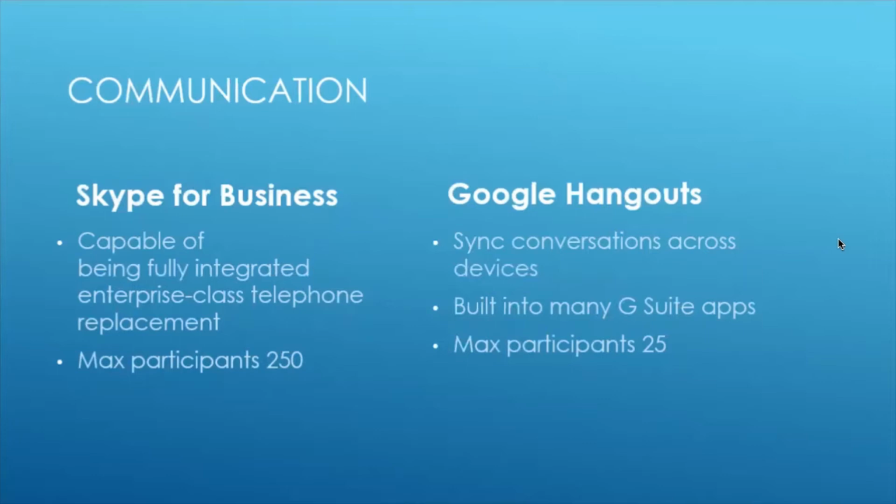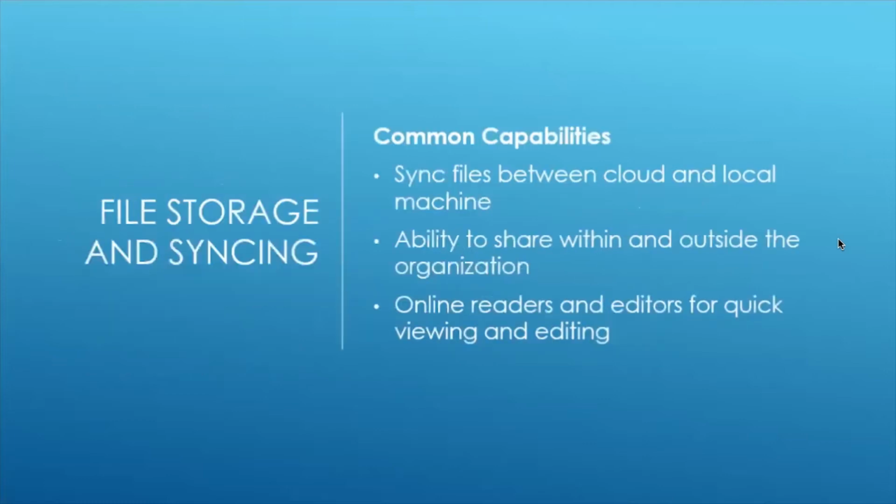It's very much a standalone product in that it does not intuitively guess what other files you may want to reference in your individual meeting. Whereas Skype for Business seems to know what you're talking about before you even start talking about it, which is really, really neat.